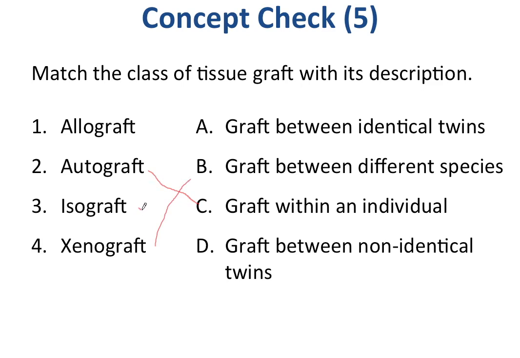Isograft is actually between twins. Allograft is from different individuals. So the isograft is from twins, a graft between twins.